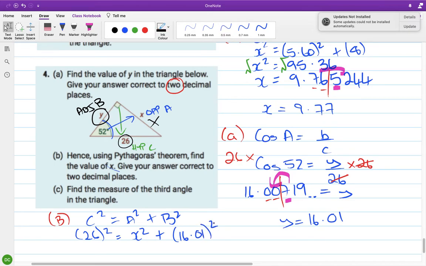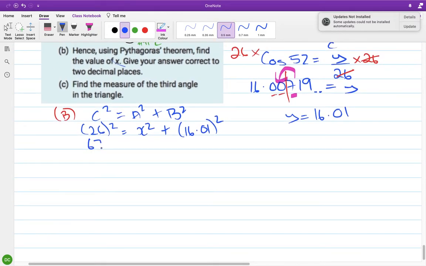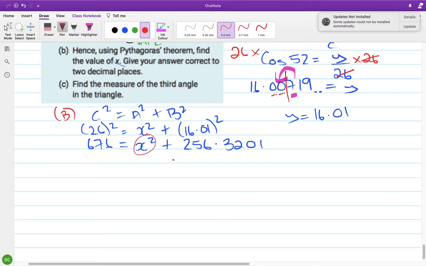Okay, so 26 squared is 676. x squared is x squared, and 16.01 squared is 256.3201. We're trying to isolate this, which means this thing here needs to go. It's a plus 256, so we need to do minus 256.3201 to get it to cancel.